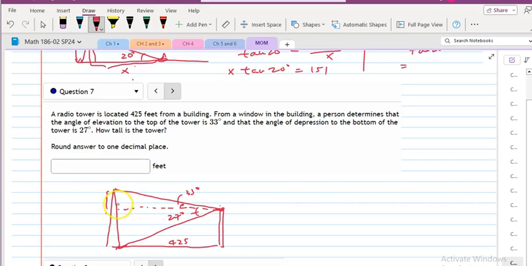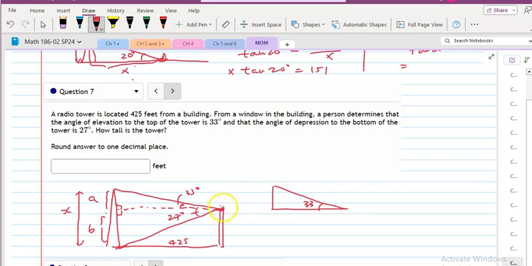How tall is the tower? So because these are all horizontal, they're 90 degrees. So I have A and B, where AB would be the height of the tower. This is X. And A and the angle of depression, 33 degrees.